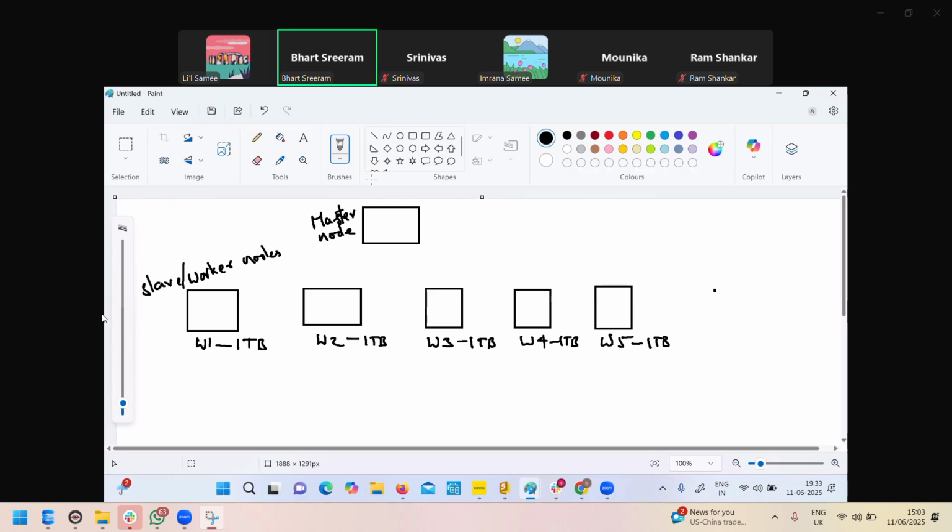Don't count master, because finally if I load some data into this, the data is stored in slave machines, separately. Data is loaded, or better to say saved, into worker nodes.